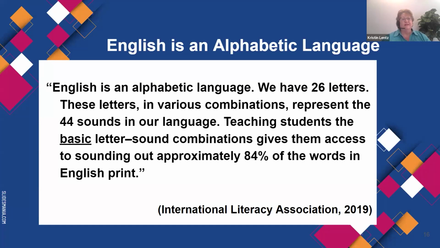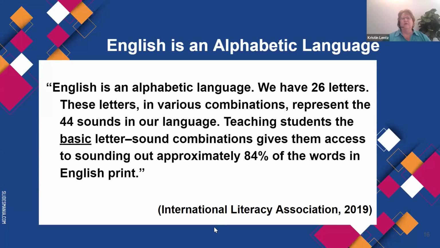Using this process, the phoneme-grapheme mapping, we can teach students even basic letter-sound combinations, and this will give them access to approximately 84% of words in English print. Now, this is the basic. There are more advanced.